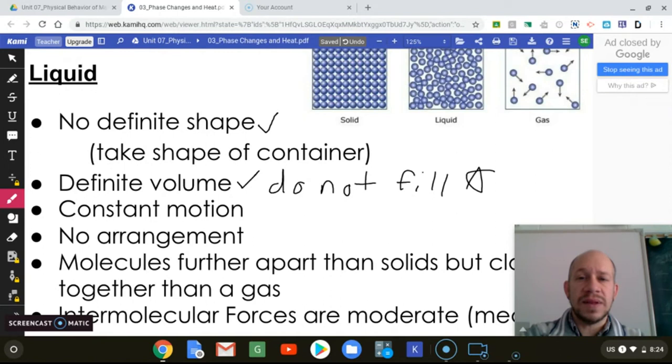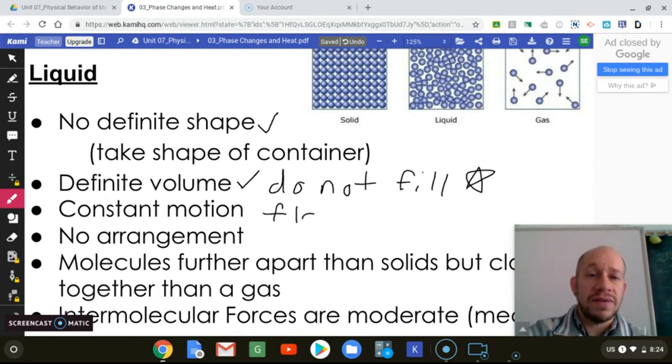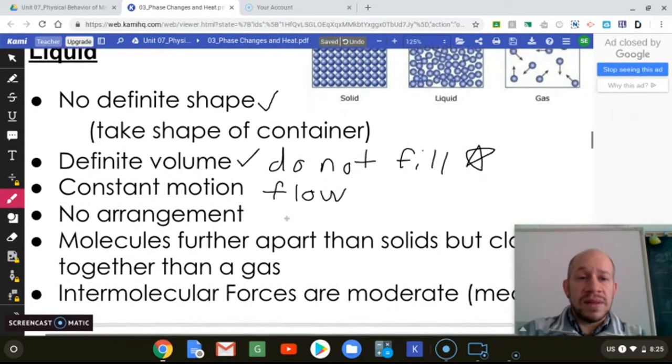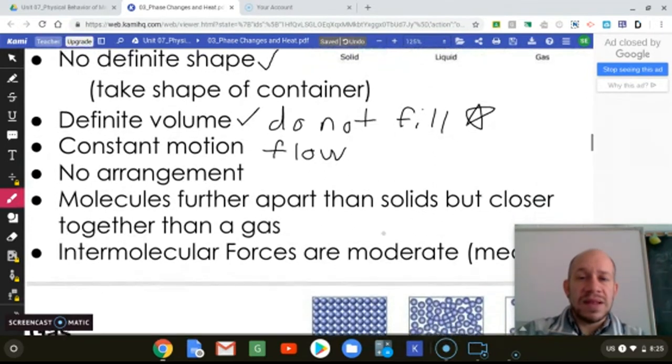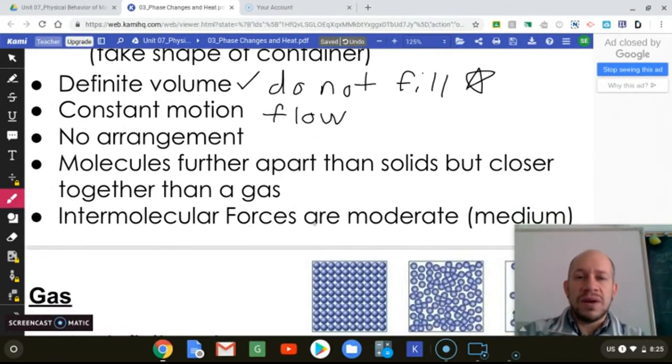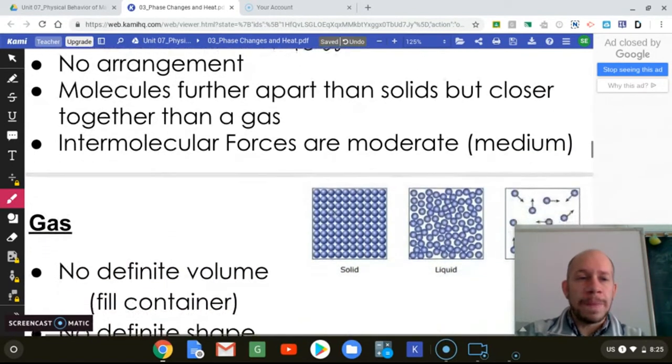And that's something that we've talked about before, and I want you to continue to remember that. Liquids are in constant motion, however, they flow over each other. Flow is a good way to describe their motion. They have no arrangement. The molecules are further apart than solids, but closer together than a gas, and their intermolecular forces are moderate or medium, in between.